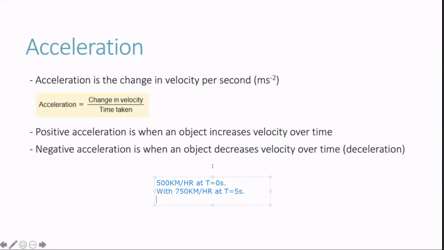So acceleration is your change in velocity with respect to time. So you are moving forward in time and you're also changing your velocity.